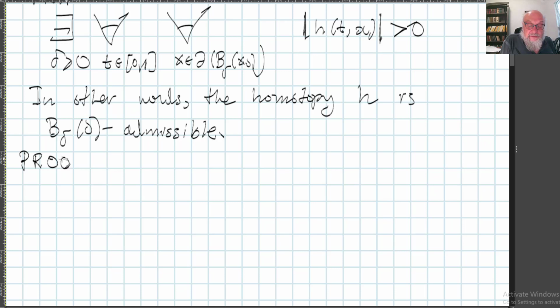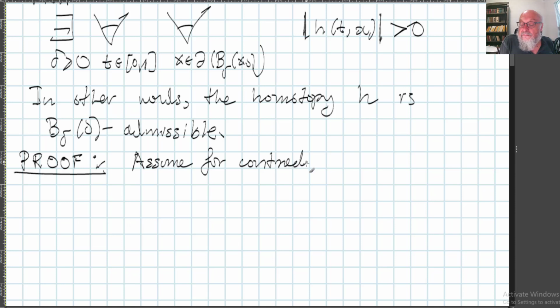So assume for contradiction that the statement star is not true. And what would it mean?